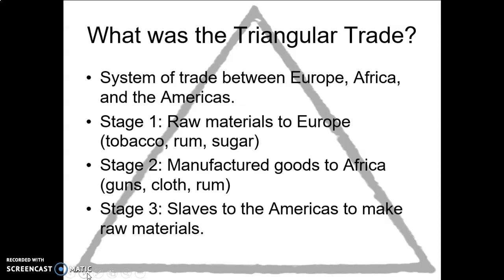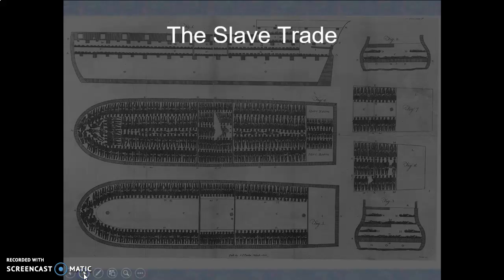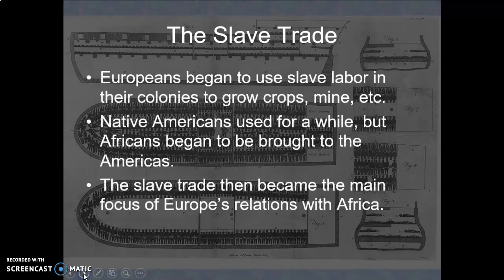And then, of course, slaves would go to the Americas to make raw materials. And where did these slaves end up? They ended up mainly in the Caribbean, where you could get the sugar and the sugar cane for rum. That's what a slave ship should look like.